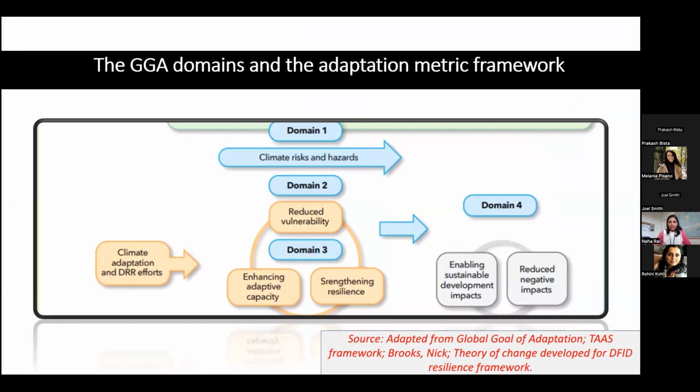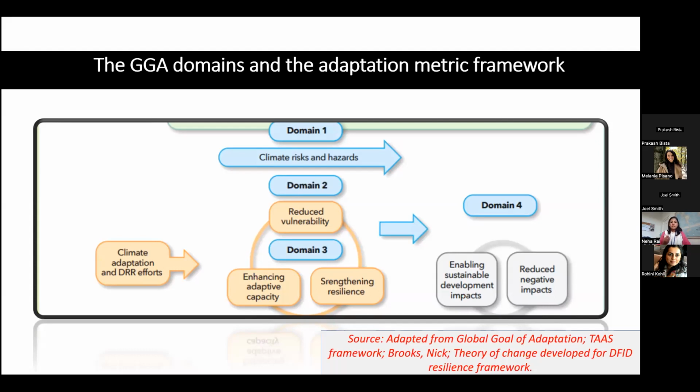Now, the global goal in adaptation is to enhance adaptive capacity, strengthen resilience, reduce vulnerability to climate change, with a view to contributing to sustainable development in the context of changing climate. And these 4 domains serve as the foundation of this metric framework. So domain 1 is around climate risks and climate parameters. Domain 2 is vulnerability. Domain 3 is on resilience and adaptive capacity. And domain 4 is on development impacts.